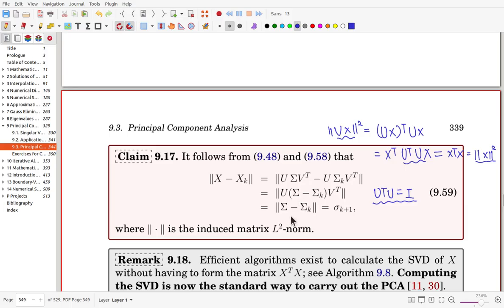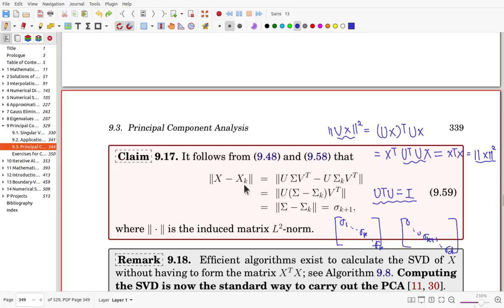Now, for this one, it is quite easy. The original sigma is a matrix with sigma 1, then sigma k, going down to sigma d. But the second one, sigma K, is... Sorry, I made this one the wrong way.